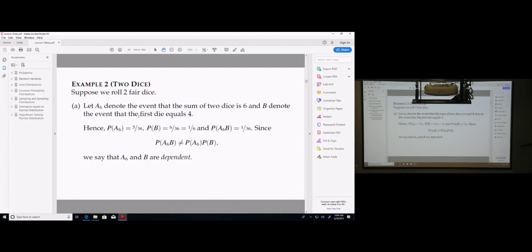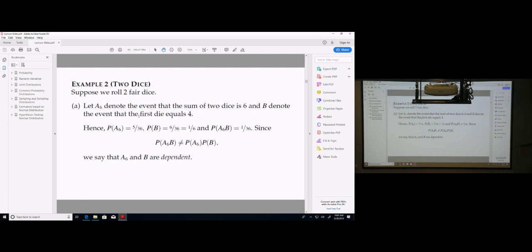In part A, it turns out that when the sum is 6, knowing the first die is equal to 4 does influence the probability of the sum you are assessing. To give you a more extreme example, if you know that the first die is 4, and I ask for the sum equal to 3, 2 or 4, immediately you know this is impossible.